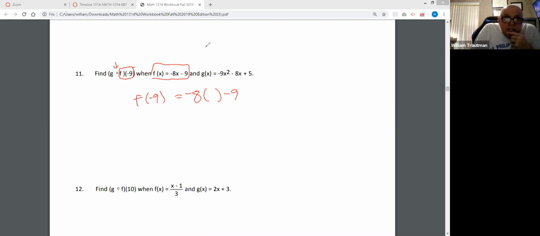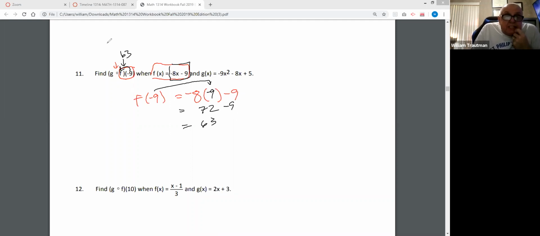Everywhere we see the x value, we're plugging negative 9 into it. We do the far right first. The f, we plug negative 9 into f. This is 72 minus 9. When you do that, you get 63.